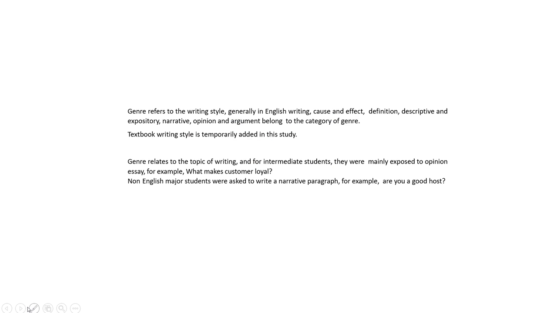Among the chromatic study, here genre relates to the topic of writing, and for intermediate students, they were mainly exposed to opinion essay. For example, what makes customer loyal? Non-English major students were asked to write a narrative paragraph. For example, are you a good host?